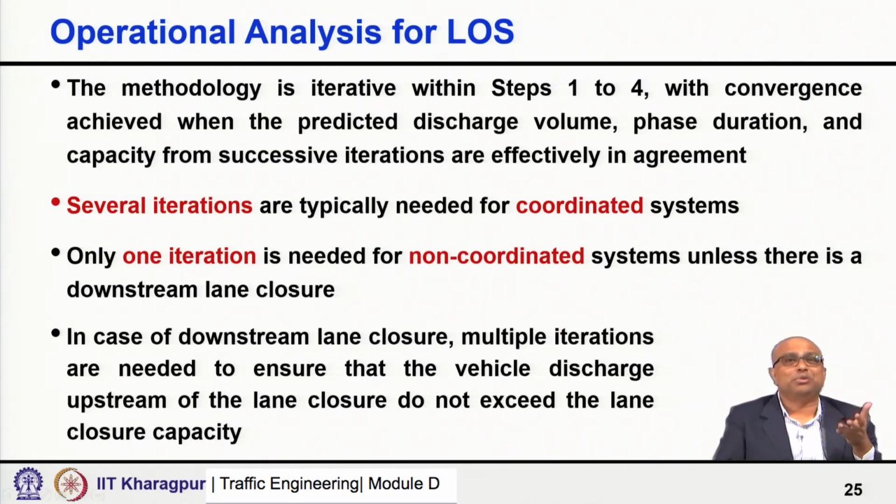In that case we may require multiple iterations to ensure that the vehicle discharge upstream of the lane closure does not exceed the lane closure capacity, because the capacity upstream may be more, but there is a bottleneck. Ultimately, what can get discharged is only the lane closure capacity. So that has to be maintained, and we may require multiple iterations.